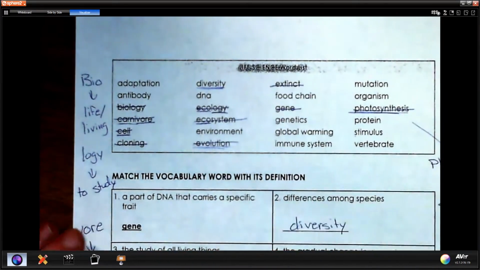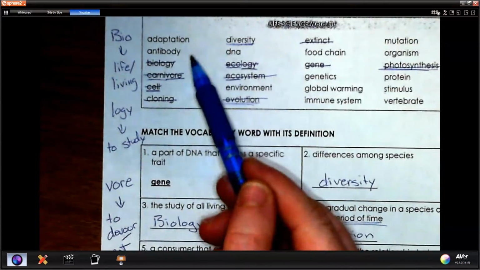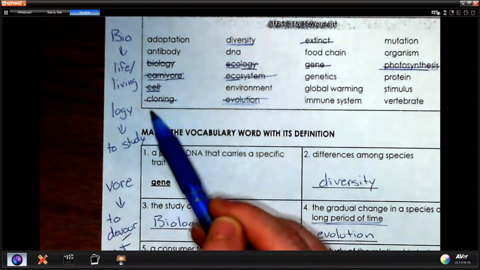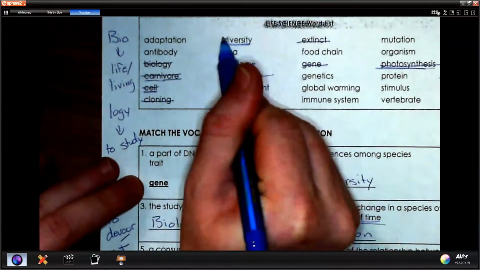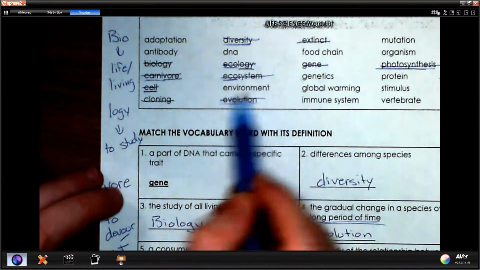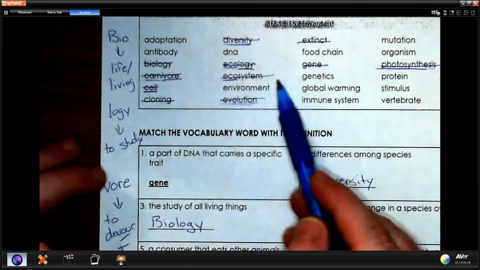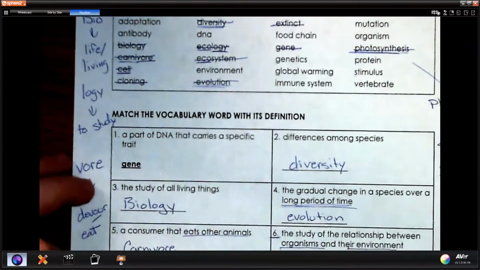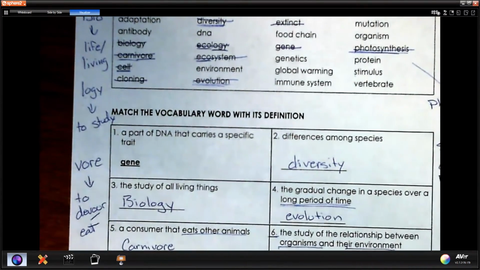So the ones we have completed so far were biology, carnivore, cell, cloning, diversity, ecology, ecosystem, evolution, extinct, gene, and photosynthesis. Using our pre-existing knowledge, because you've all come in already knowing stuff. You've used some of these words before. Use that knowledge. Take out those easy ones first to give yourself more time.